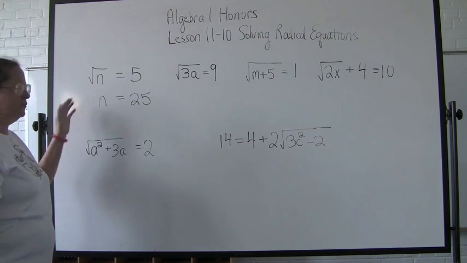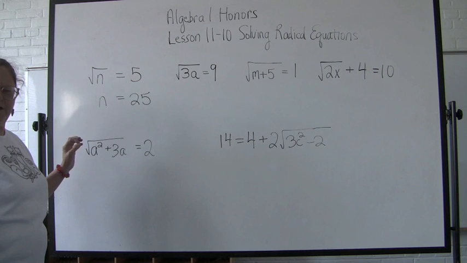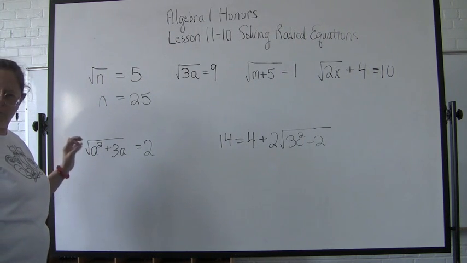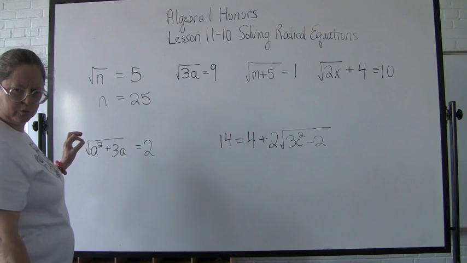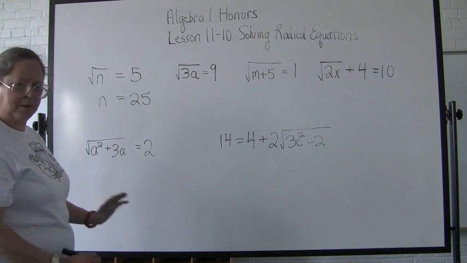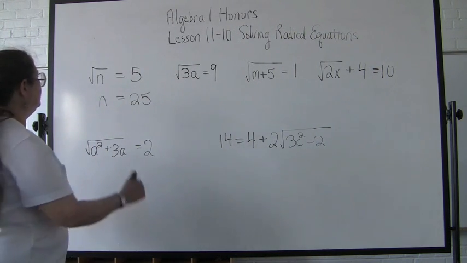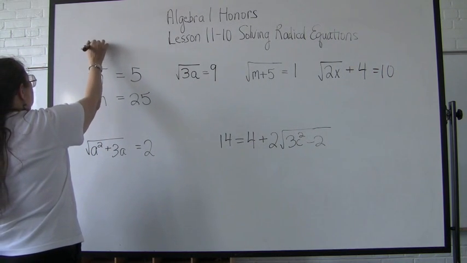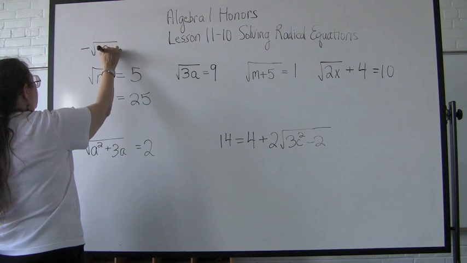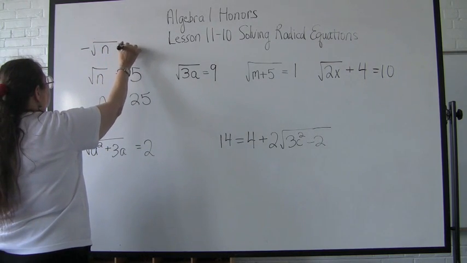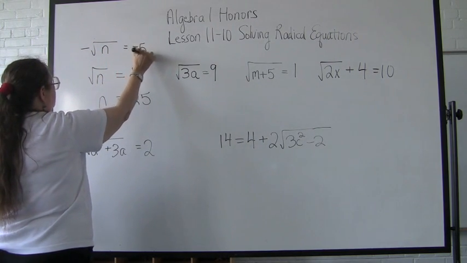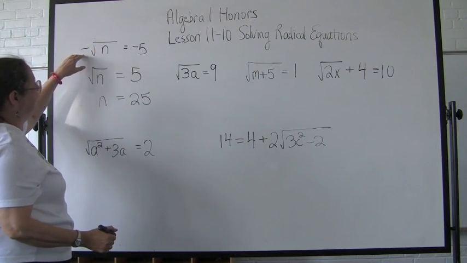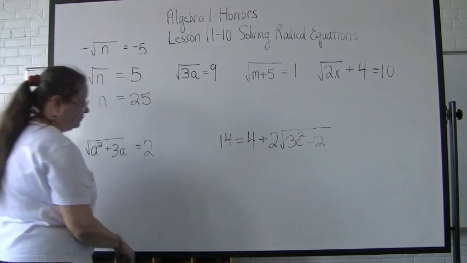Now, just as kind of an aside, 25 has another square root, a negative number. If we wanted the negative square root, just by convention, just by definition, we would write negative square root of n equals negative 5. And then if we put 25 under here, we'd get negative 5.